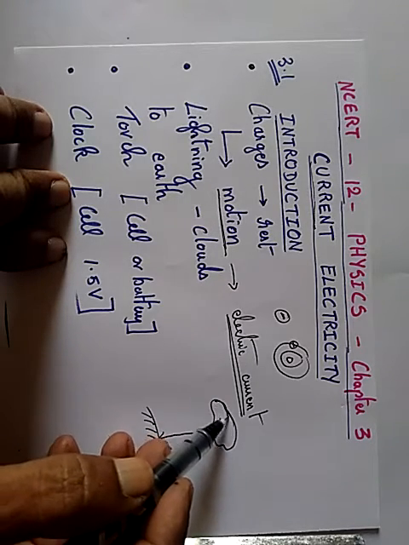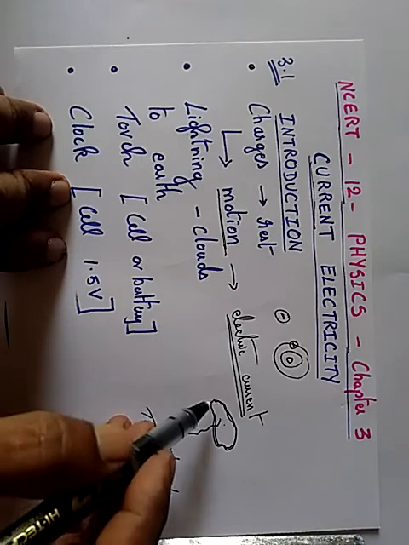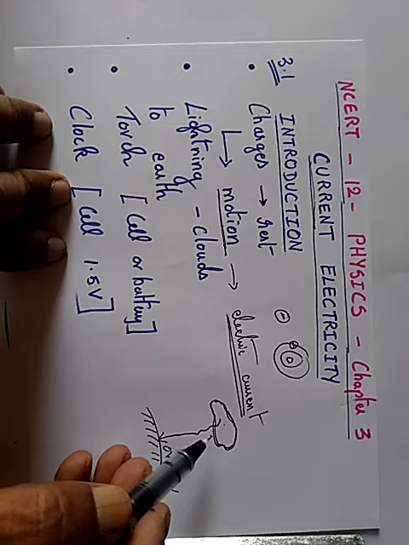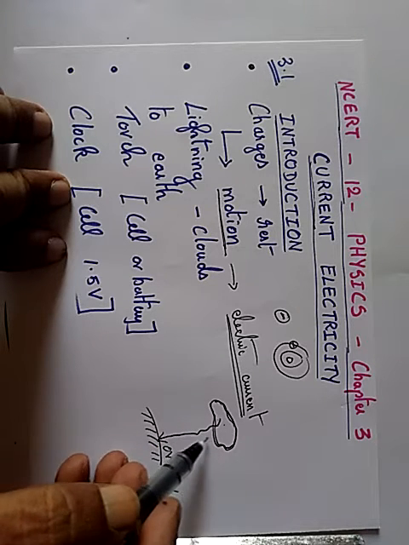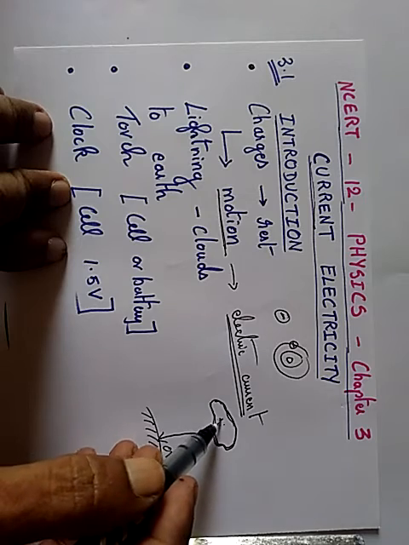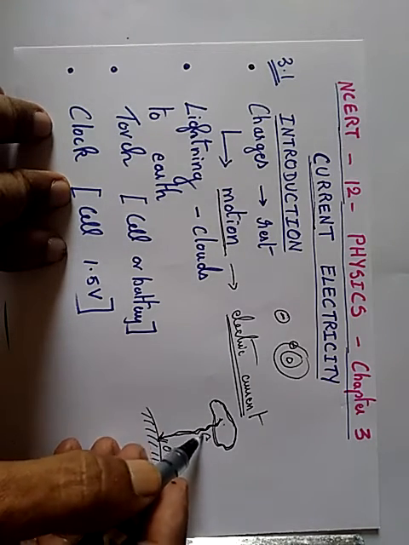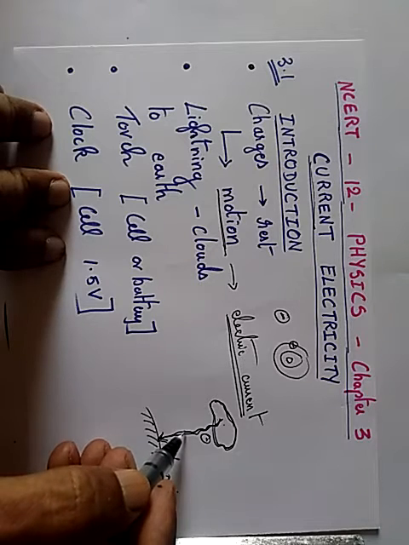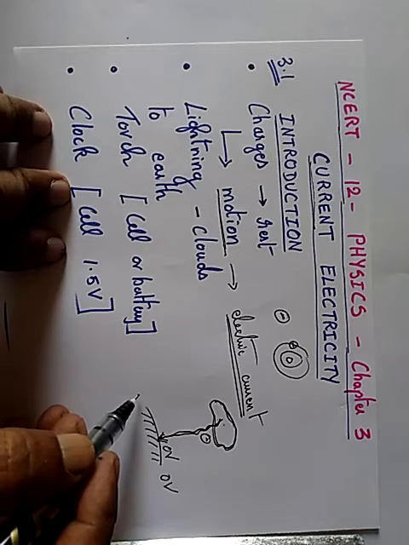Here you have a static charge in the form of clouds, but when it discharges through the airspace and reaches the ground, the charges are moving and it is grounded. Now when it moves, it becomes an electric current.